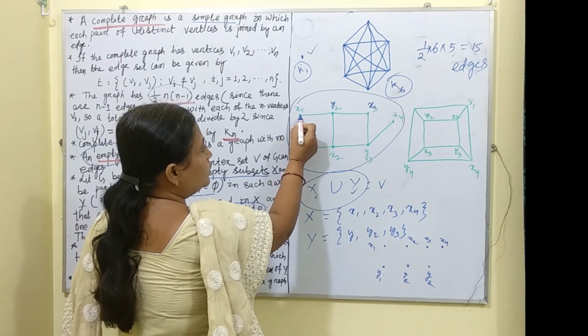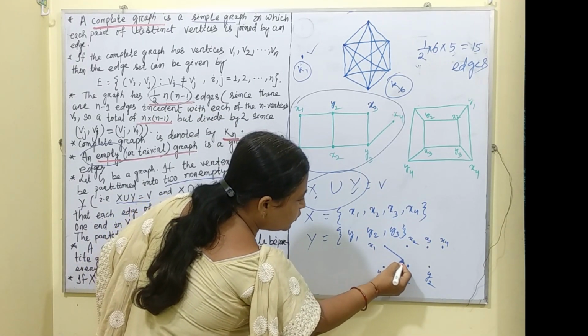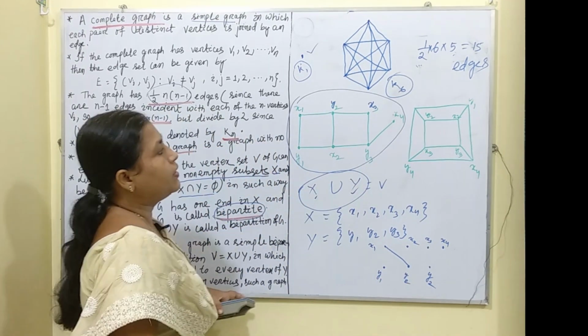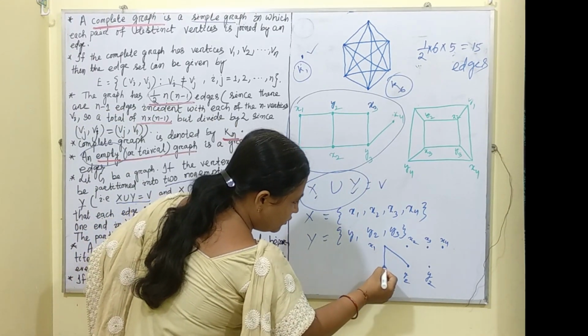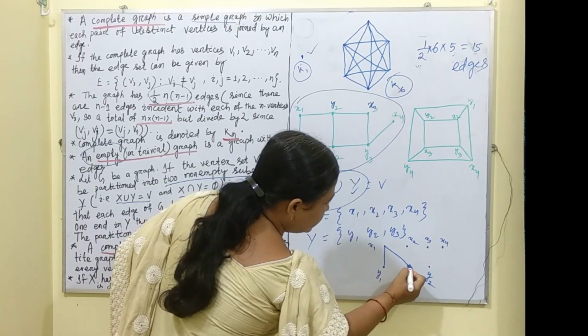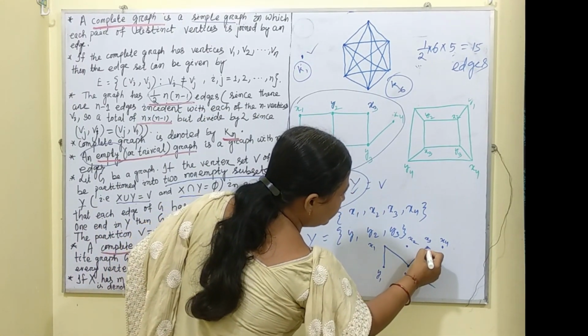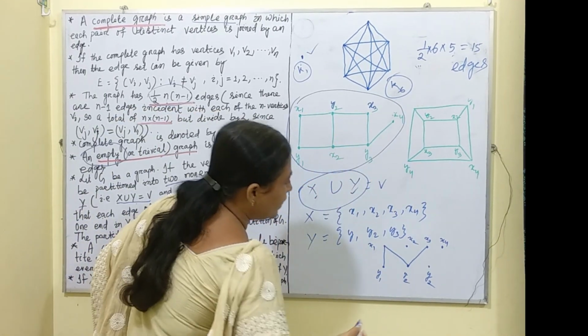So here X1 is joined with Y2, and X1 is joined with Y1. Y2 is joined with X3, and X3 is joined with Y3.